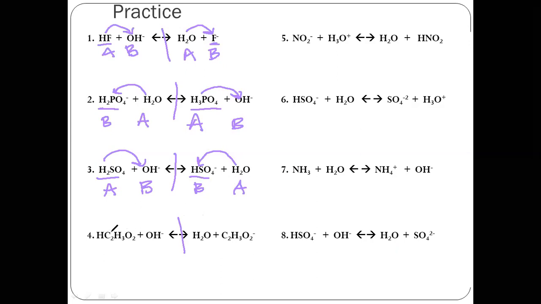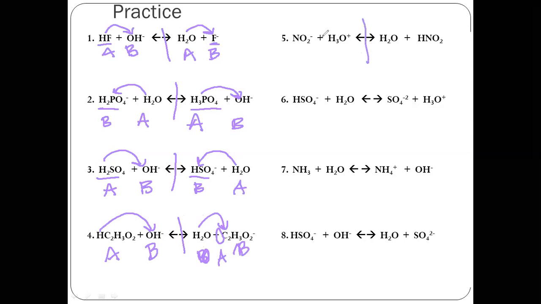Okay, C2H3O2 changes to C2H3O2, so it gets rid of this H. Acid, base. And then this one, it lost the H in front, so it needs it back. Oh no, sorry. Acid, base.